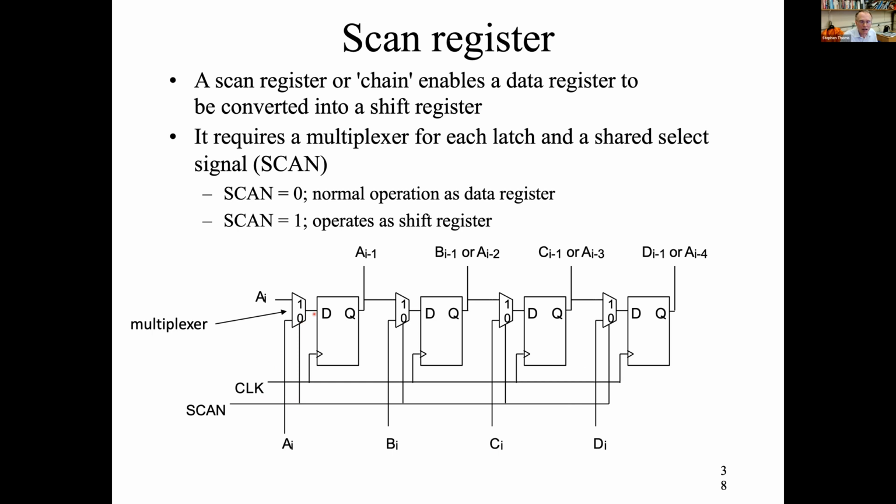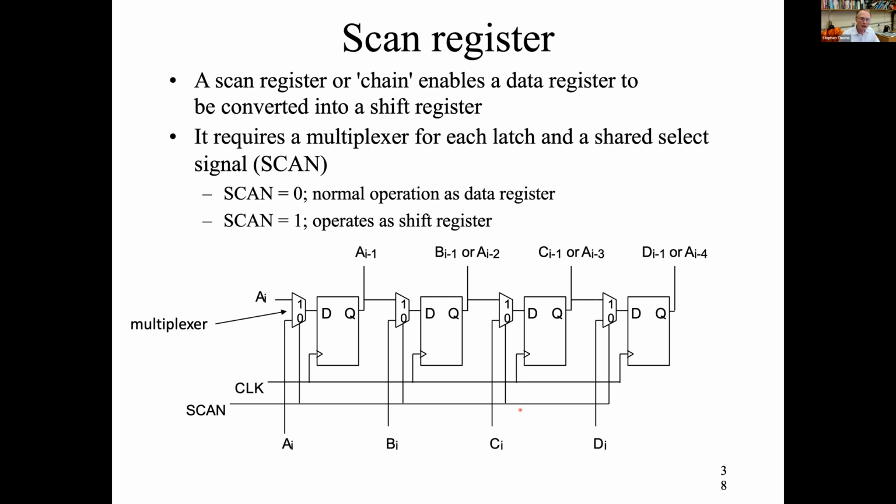So D can either be the input from AI here, in which case this one's got BI coming in, this is CI, this is DI coming to it.